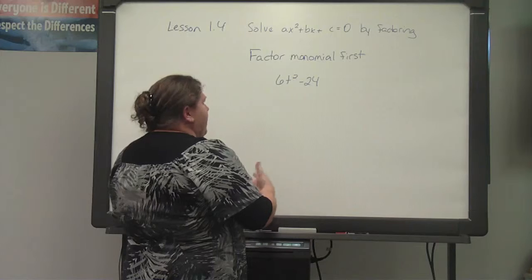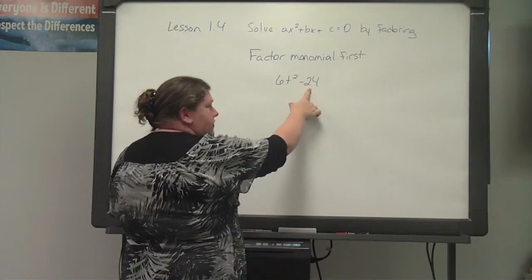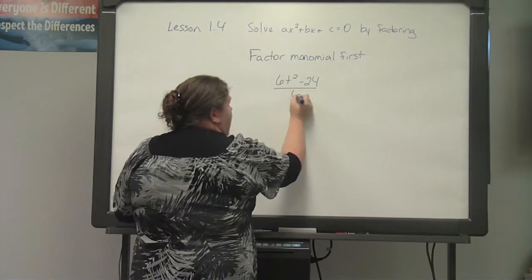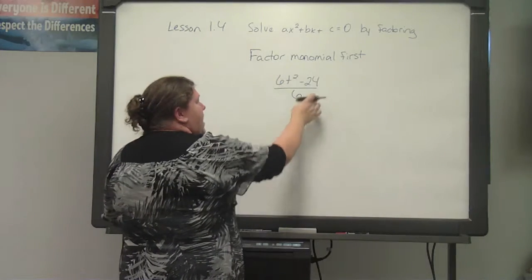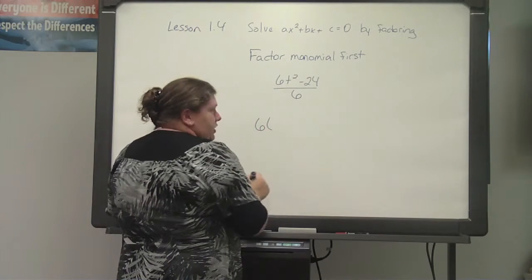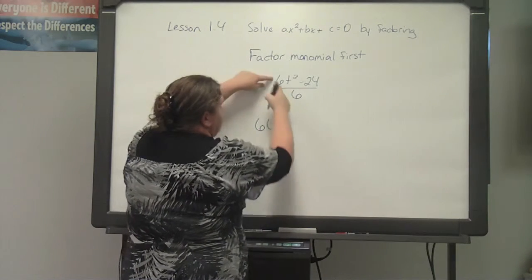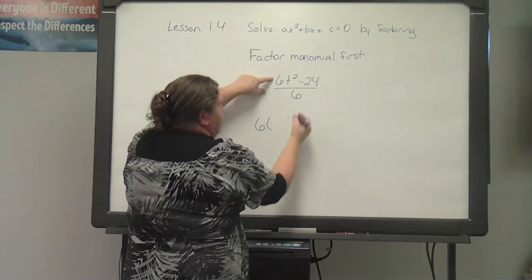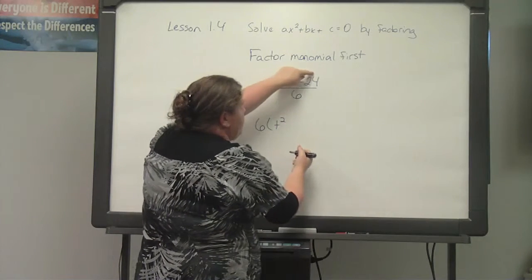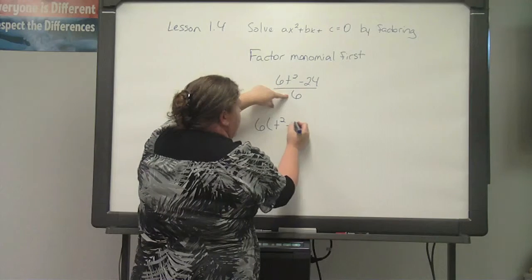When I'm looking at them, I can see that 24 is divisible by 6, and so I can divide out a 6. When I divide out my 6, I have to put it on the outside of a parentheses, and so 6t squared divided by 6 gives me t squared, and then a negative 24 divided by 6 gives me a negative 4.